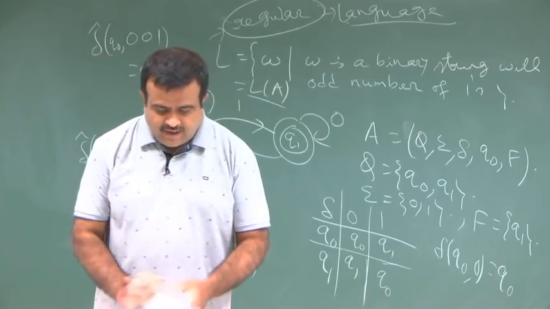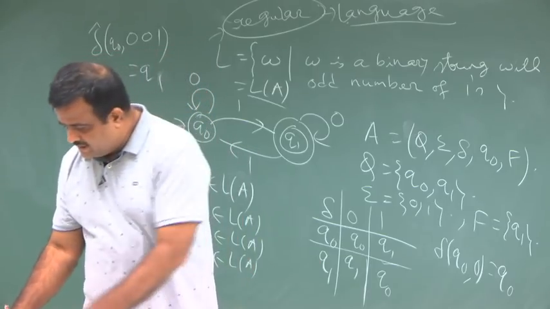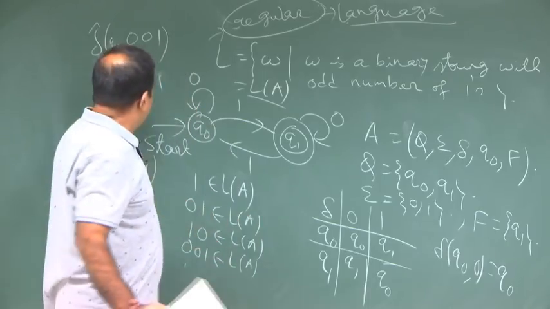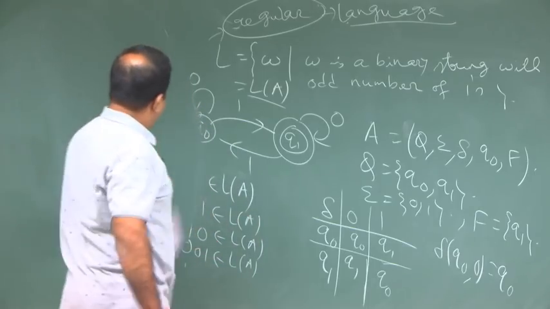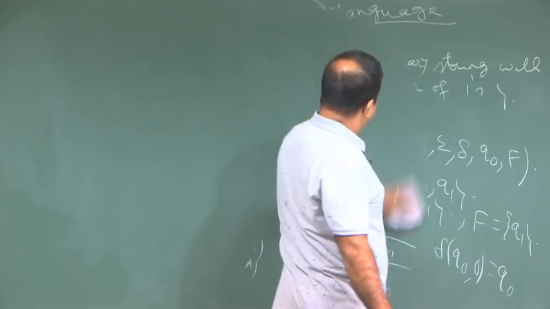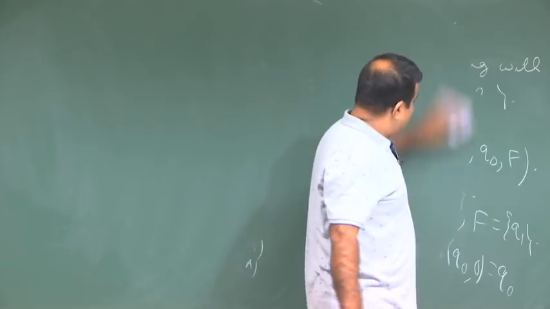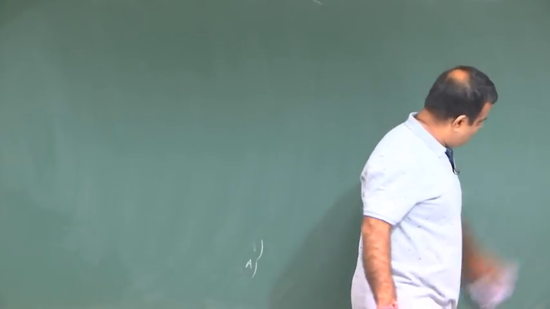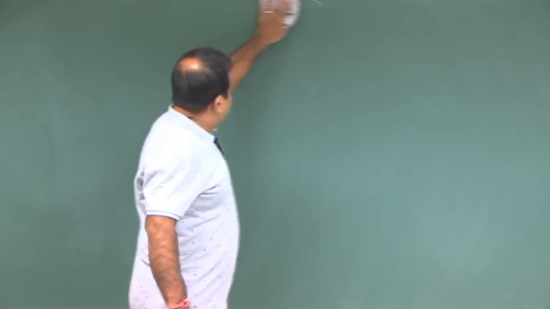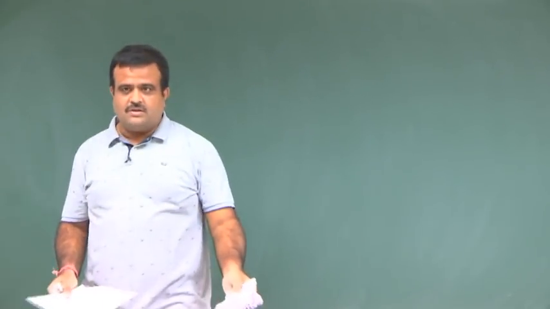Then we can have another example. So now the question is, is every language regular? No, we will come later to that: there are certain languages which are not regular.